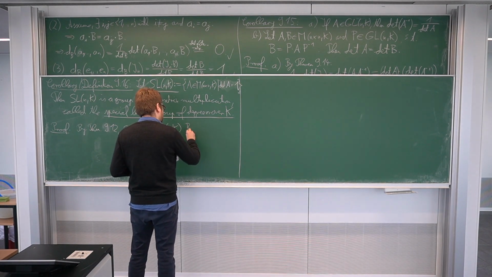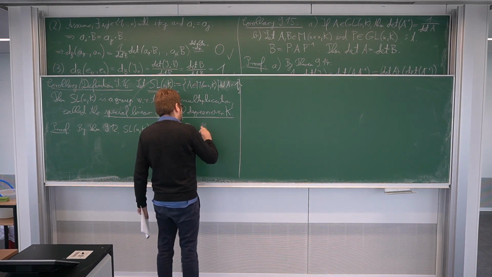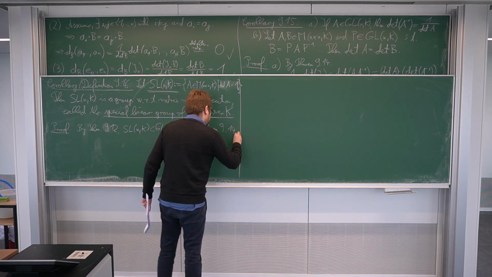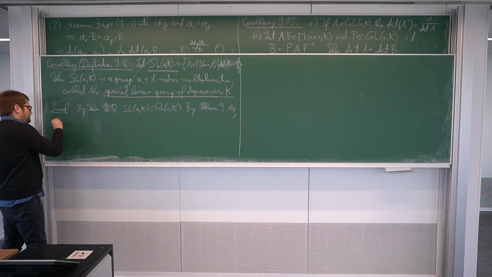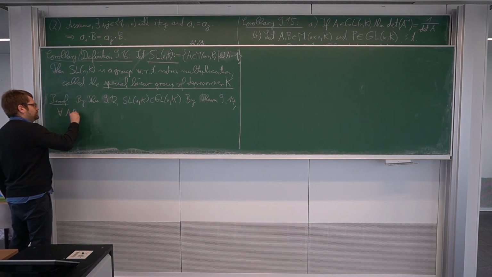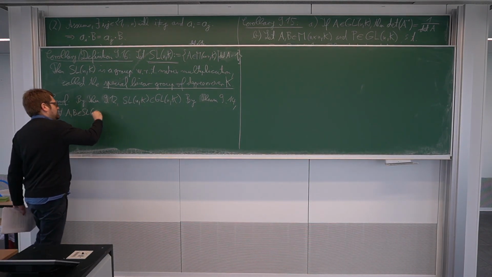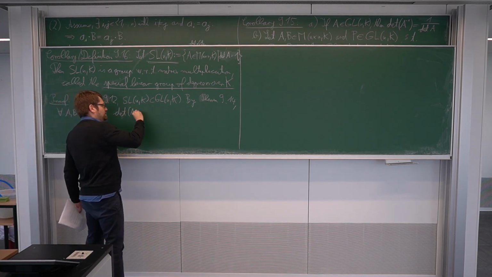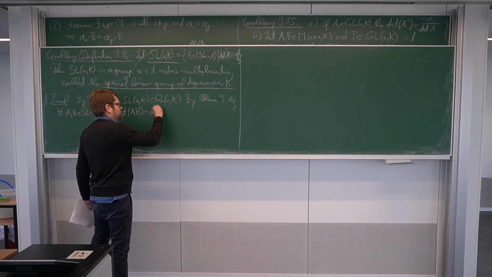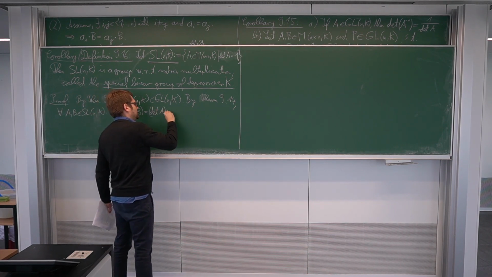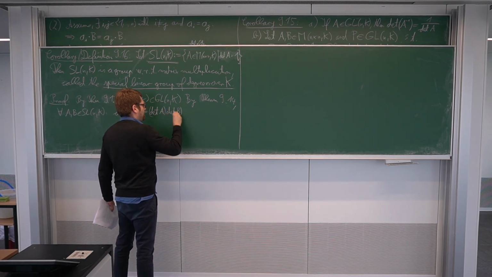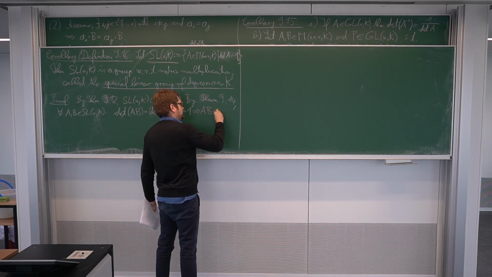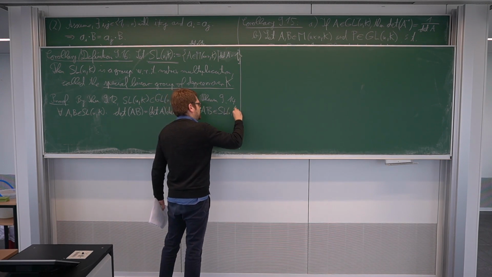So by theorem 914, we get for all A, B in SL(n, K) that the determinant of AB is the determinant of A times the determinant of B, which are both 1. So this is 1, and thus AB is again in SL(n, K).